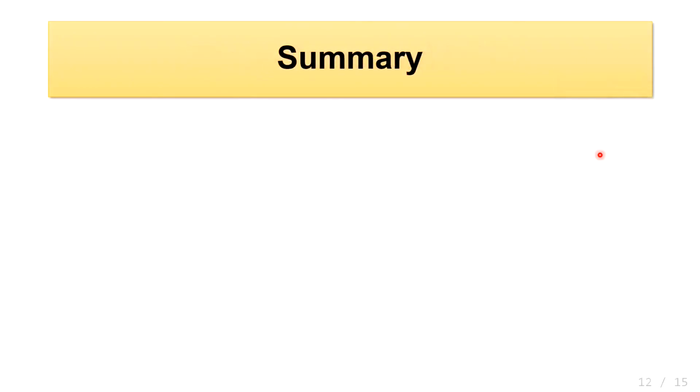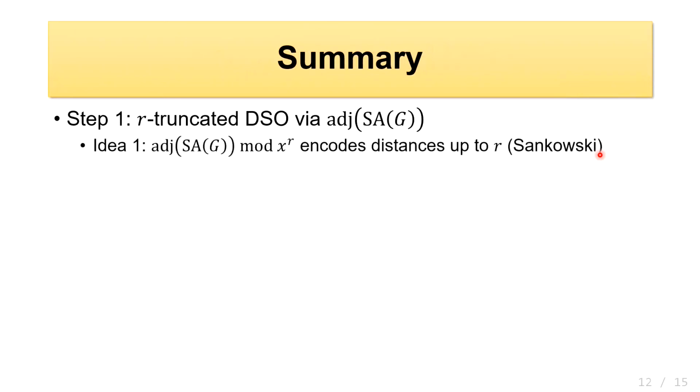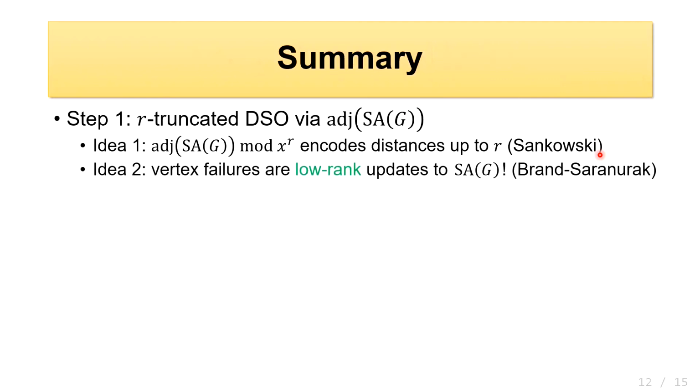In summary, we build the DSO using two steps. The first step is to build an R-truncated DSO via the adjoint of the symbolic adjacency matrix. This step involves two ideas. The first idea is that the adjoint of SAG modulo x to the 2R encodes the distances in the graph up to R. And the second idea is that a vertex failure corresponds to a rank 1 update to SAG. We can easily maintain such updates and maintain the adjoint of SAG.